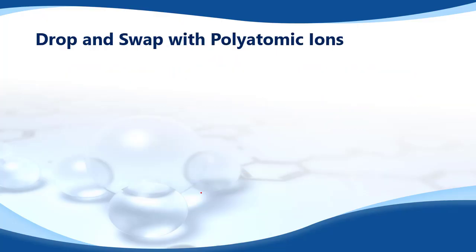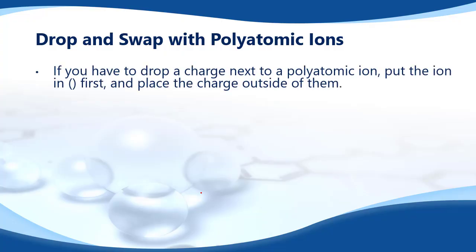So just like binary compounds, we're still going to drop and swap these. There's just going to be one small change. If you have to put a number next to a polyatomic group, that group goes in parentheses and the charge goes outside. I have an example coming up in a second, so hold off on that.